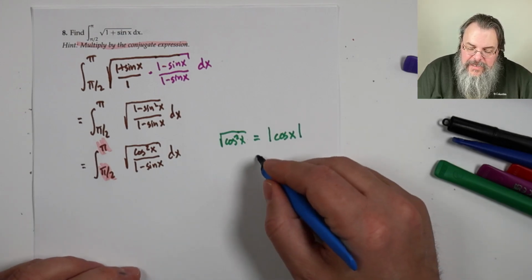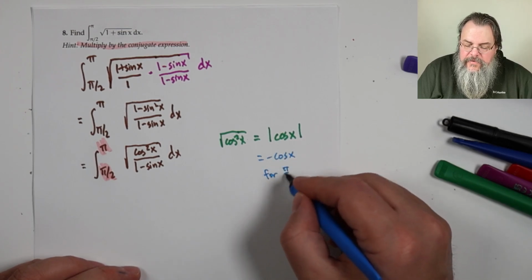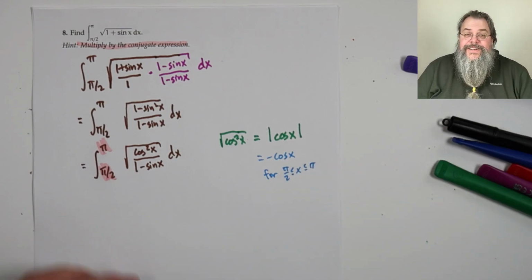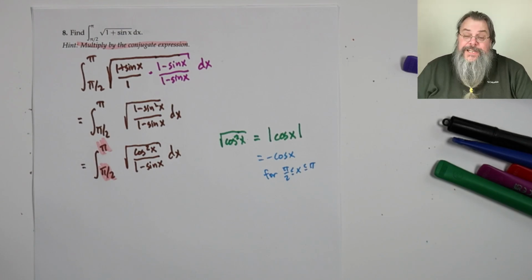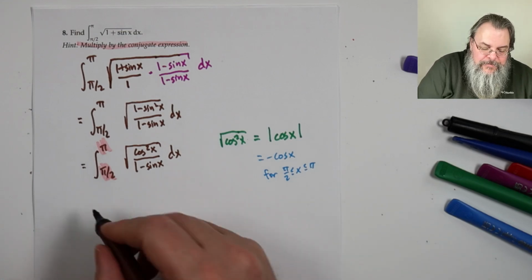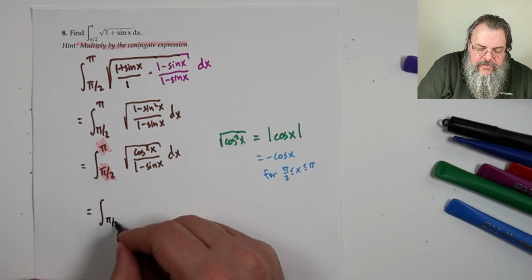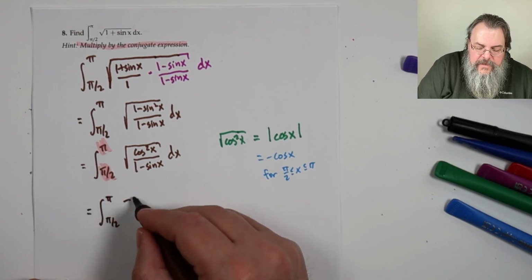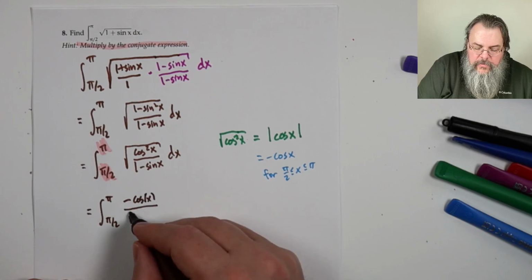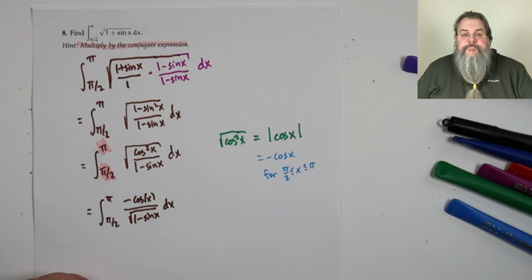It's going to be negative cosine of x for pi halves less than or equal to x less than or equal to pi. So here we go, being ever so careful. This is the integral from pi halves to pi of negative cosine of x over the square root of 1 minus sine x dx.